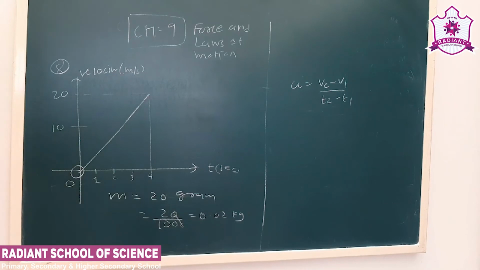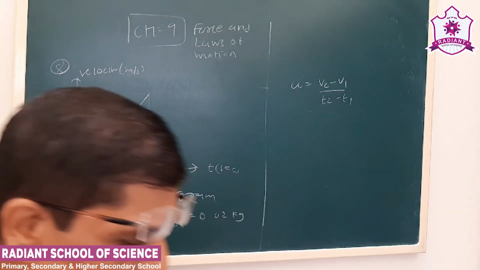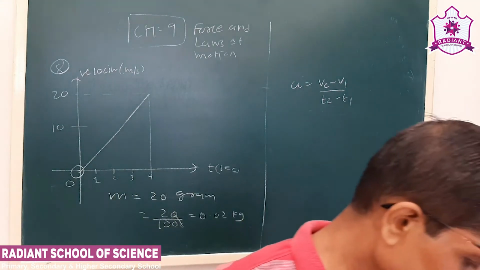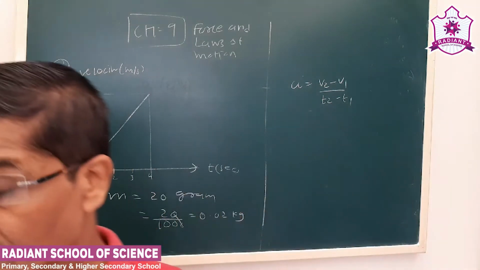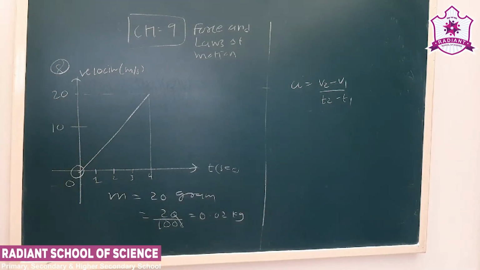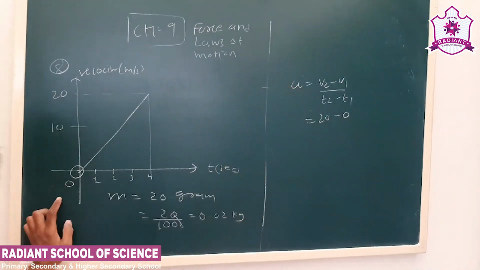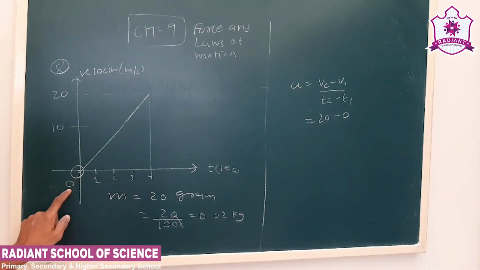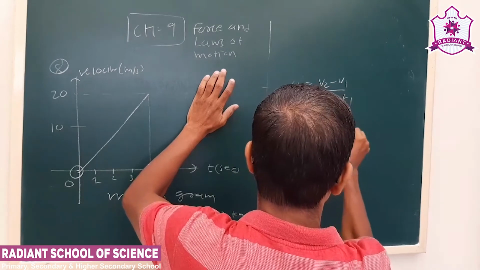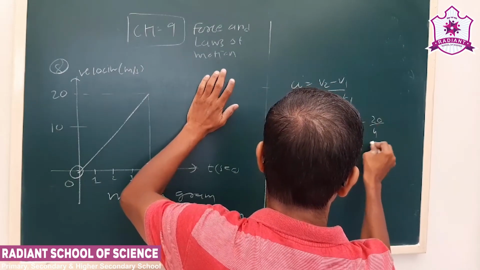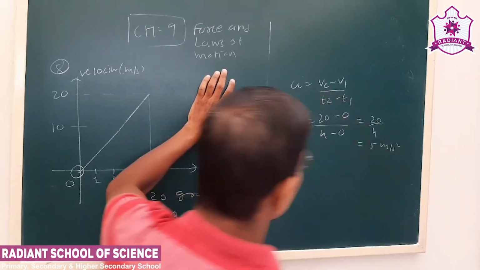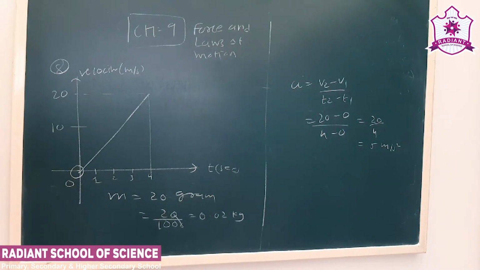This is also called the slope of the velocity time graph. So here V2 minus V1 upon T2 minus T1, which is 4 minus 0. So this is how we have obtained the value of acceleration.